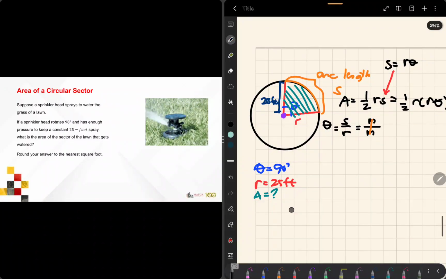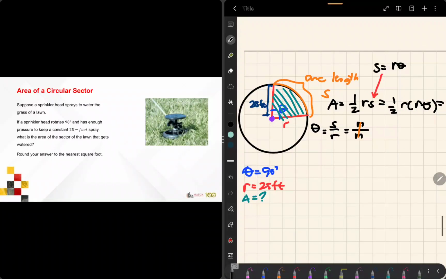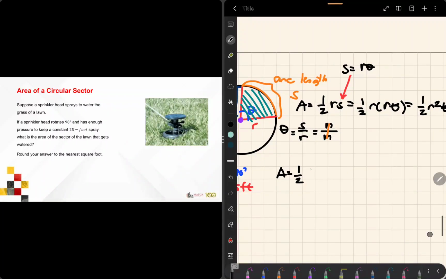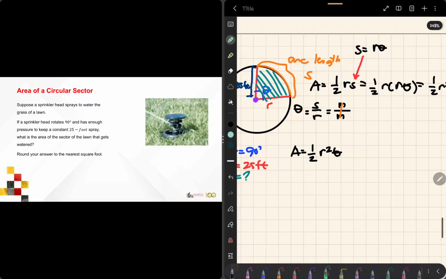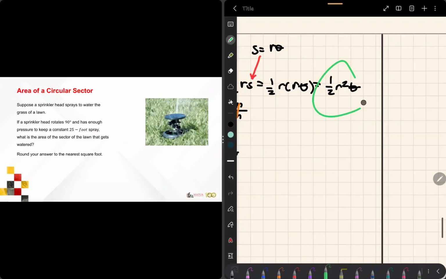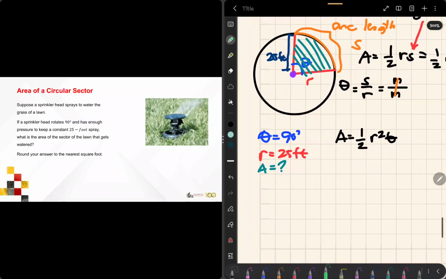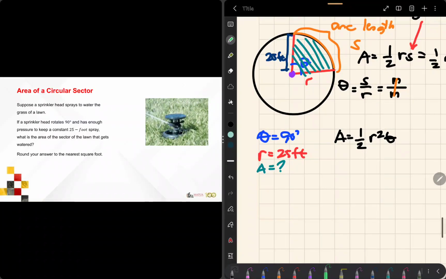Again, from our formula, we have A is equal to 1/2 R squared theta. We can't use the arc length formula because we don't have the value of S. We can still solve for the arc length, but it would be too tedious, so we can directly use this formula. However, our angle should be in radians.